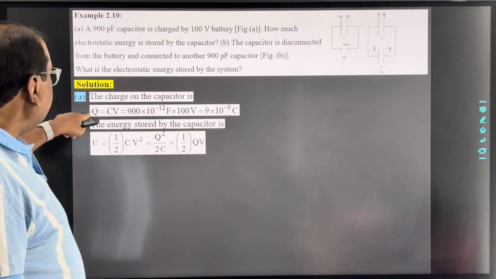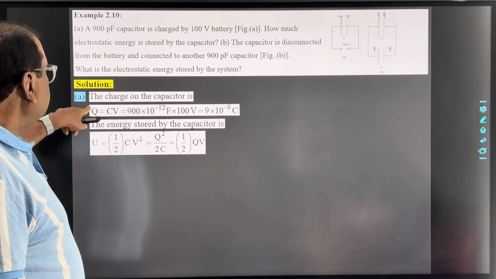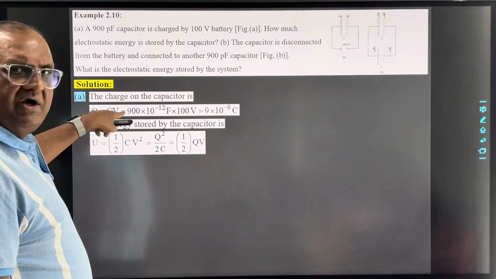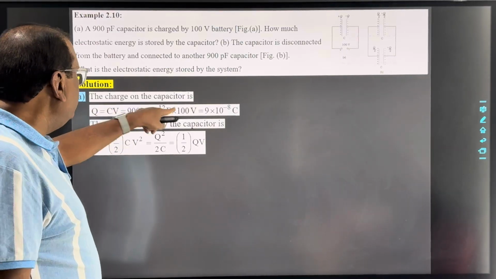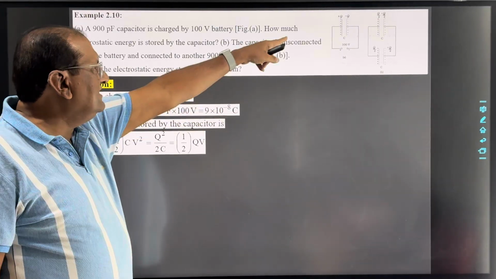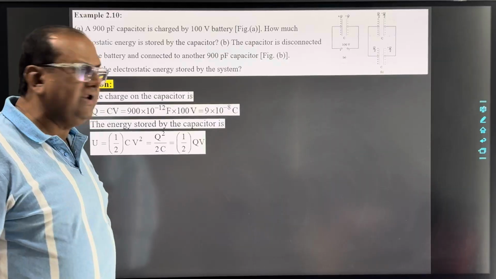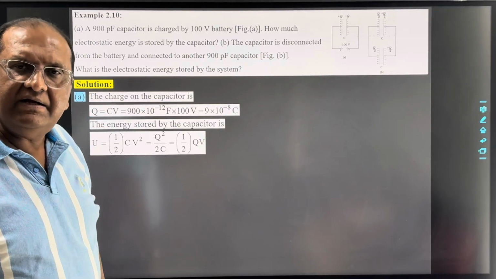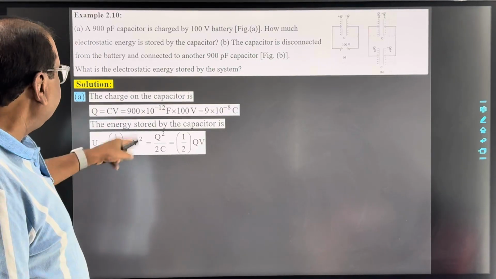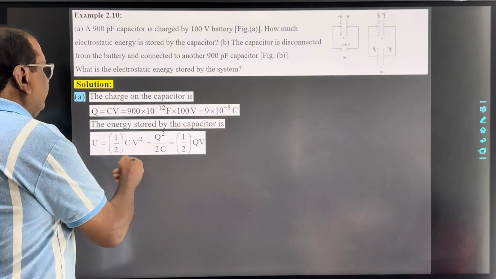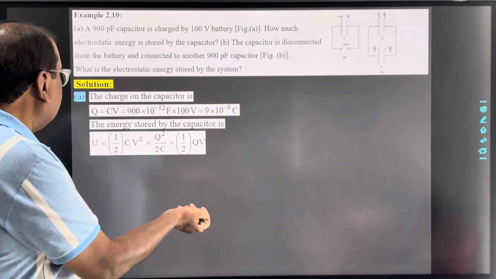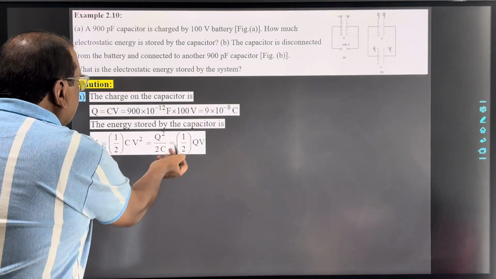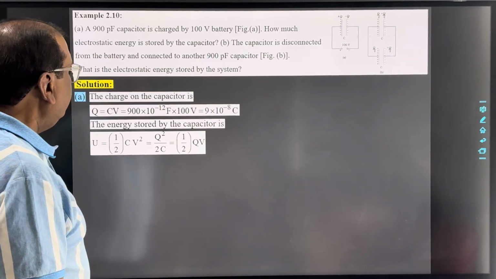But suppose you calculate the charge first. So charge on the capacitor Q equals CV. So the charge on this capacitor is 9 into 10 raised to minus 8 coulomb. Now we calculate the energy stored in the capacitor by the equation U equals half QV.